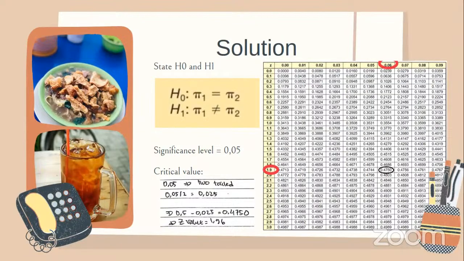The significance level is 0.05, and because it's two-tailed, we divide it by 2 for each tail. So the tail area is 0.025.